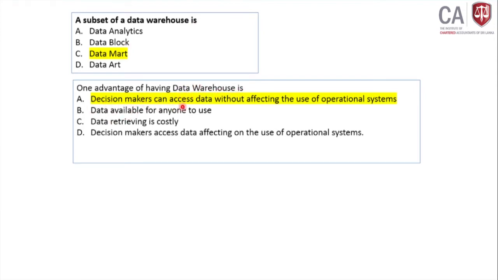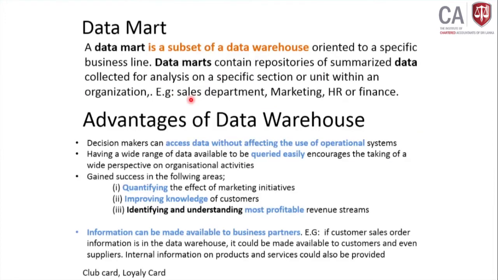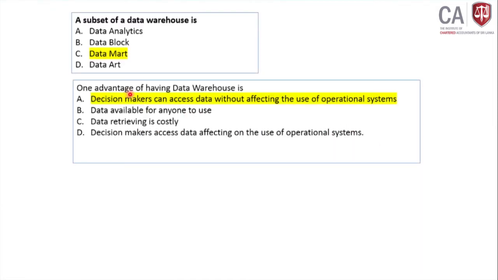Decision makers can access data without affecting the use of operational system. So, this important feature is also asked as a question, right? It is explained here. See, decision makers can access data without affecting the use of operational system. One advantage is that.